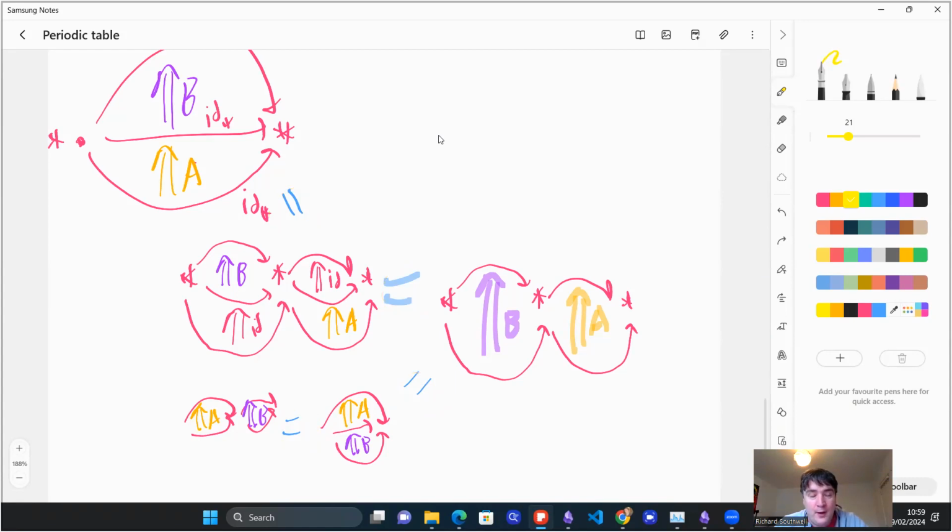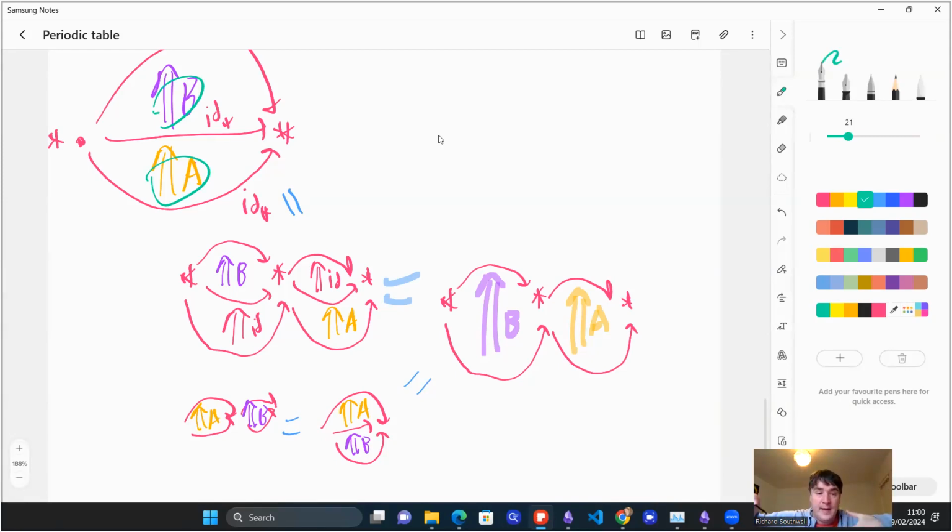But what's going on here is that we're not capping things at 2 dimensions. Okay, so we're not saying that these are the highest dimensional things in town. What we're saying is that there are also 3 cells, and because we're looking at a weak 3 category, it's important that we're not looking at strict stuff.